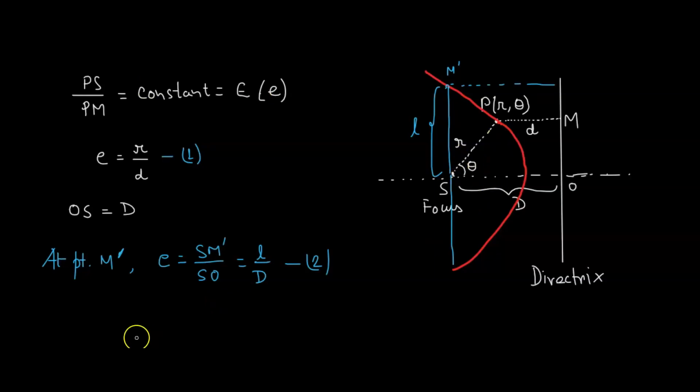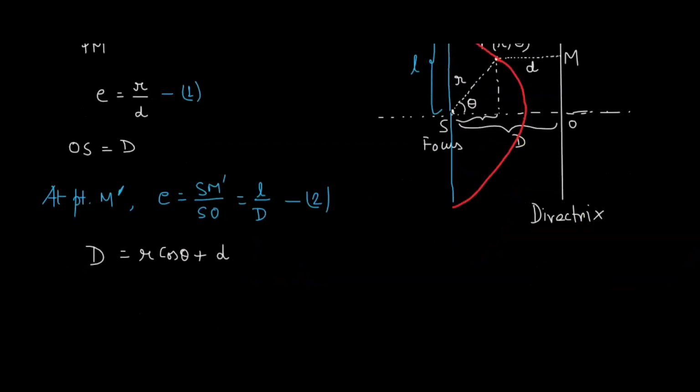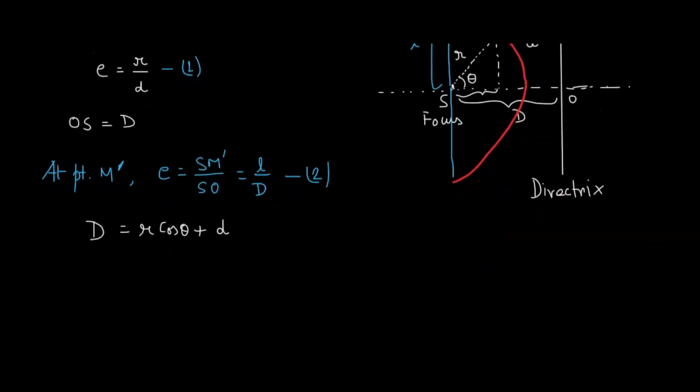Now if we consider the length uppercase D, it comprises this particular portion, which is r cosine theta, plus PM, which is d, right? So D equals r cosine theta plus d. Next we use equations 1 and 2 and substitute into D equals r cosine theta plus d, so instead of D we have L over the eccentricity e, equals r cosine theta plus the small distance d, which is r over e.